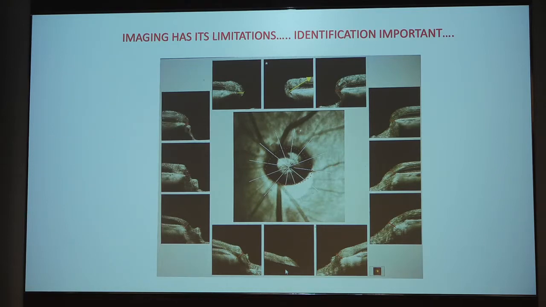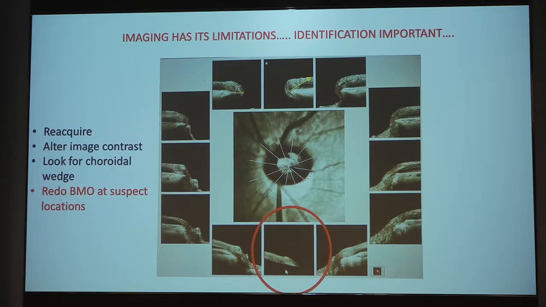Knowing that, you have to know that imaging has its own limitations, and identification of them is important. Now if you see this image again, despite the due diligence that you are doing, you will see the image below here has gone for a toss. Irrespective of how good your device is, optical devices have their own limitations, and you should be absolutely sure of what you are looking at.